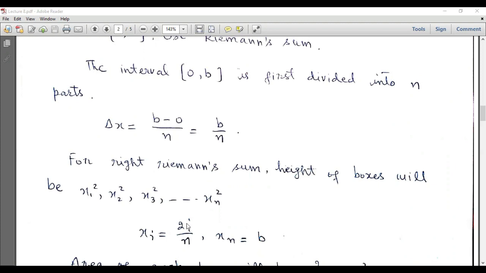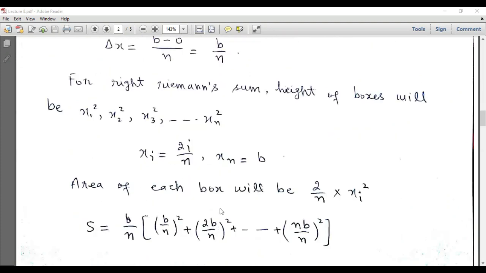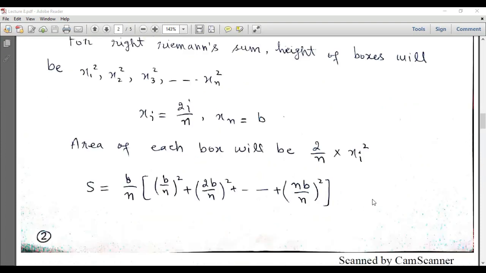By mistake I have written 2 over here, in fact it is b. So xi is equal to bi over n, and the final value xn will be equal to b. So the area of each box will be delta x, that is b over n, multiplied by xi square, right?